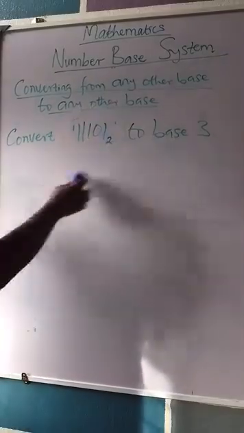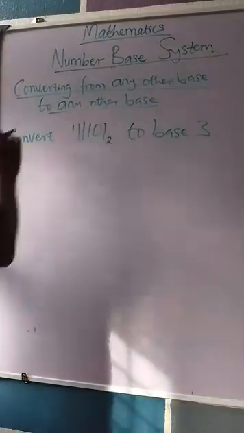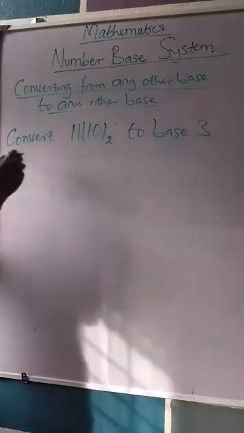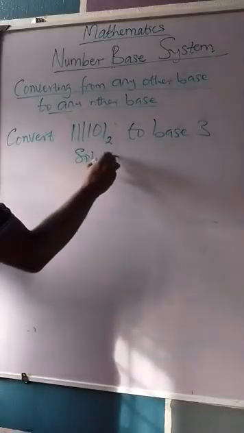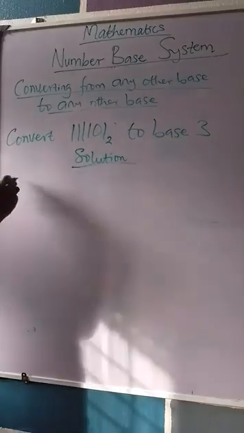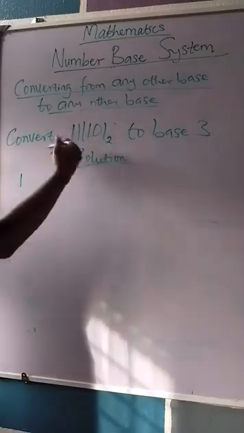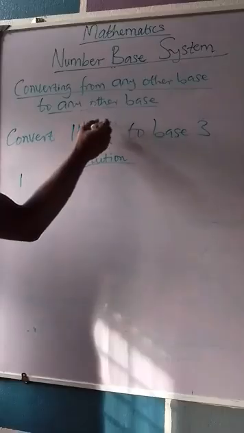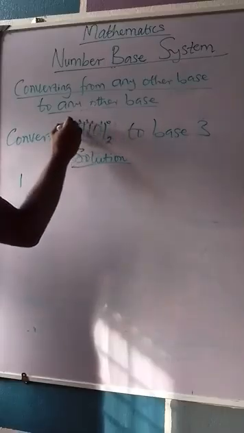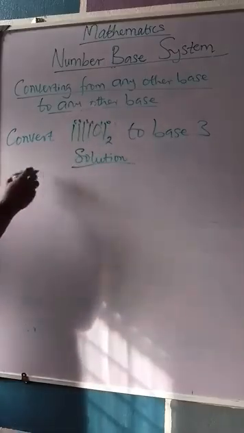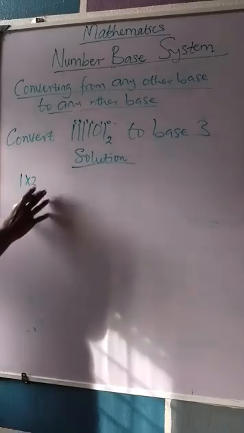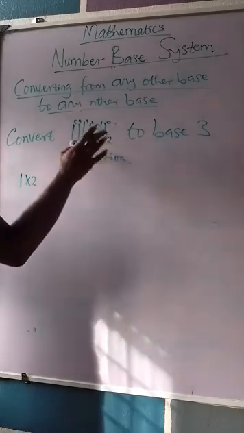So let us see how it goes here. When you see something like this, how do you go about it? It's very simple. Now, solution. The first step is converting this number using expansion notation to base 10.